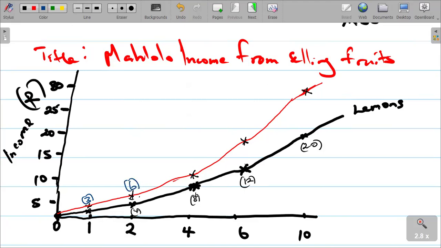It is 4 times 3, 12 rand. 6 times 3, it is 18 rand. 10 times 3, it is 30 rand. Having these graphs, I also want you to understand that this can be labeled to represent apples.